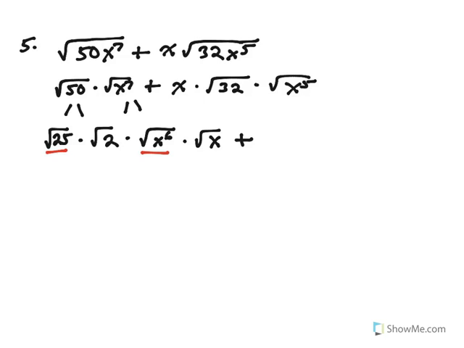Then we have plus x, and now we need to break this down, which is going to be square root of 32. Can you think of two numbers that get multiplied so that one of them is a perfect square? I could think of 16 times 2. 16 is a perfect square.